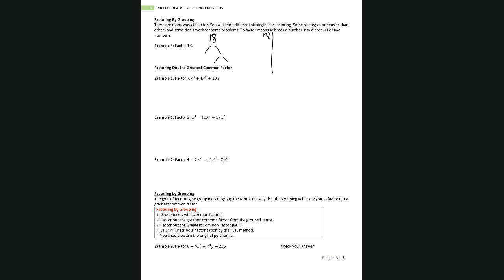So 18 could be divided by 2, I will get a 9. 9 could be divided by 9, but I want to take a prime number, so I'm going to divide by 3. So 9 divided by 3 is 3. Then 3 can only be divided by 3, and that will give me 1. Now, once I get a 1, I stop, and that's how I know that this combination is the prime factorization of 18.